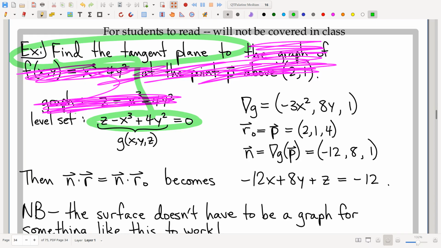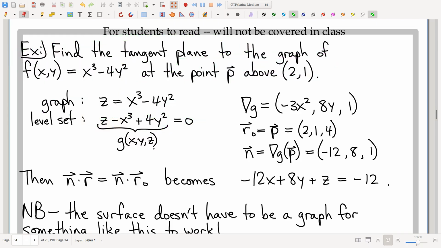It doesn't have to be initially thought of as a graph. Any equation. You want to find the equation of the tangent plane, play the same game, take the gradient, that's your normal vector. Other details you got to think through, y'all can think through those details. But very general idea. Okay.